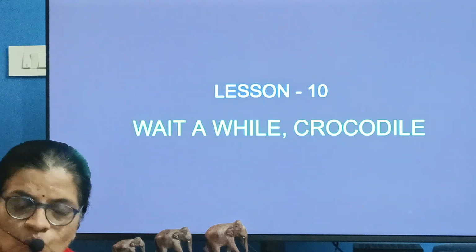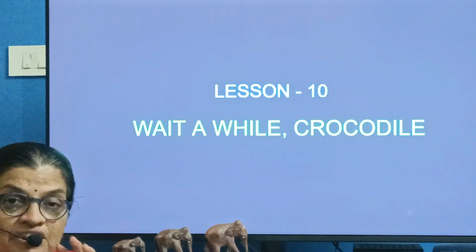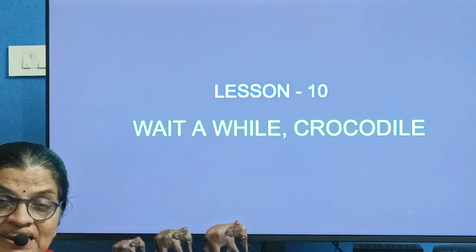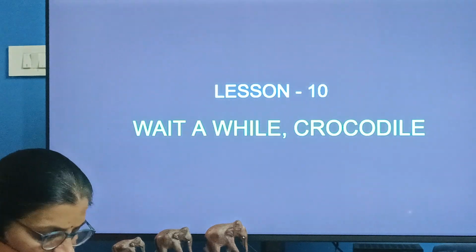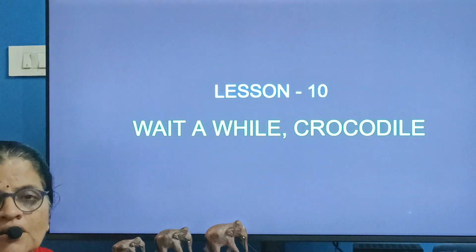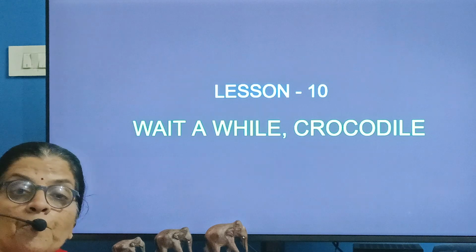Marsh means, you know, wet land. It is a wet land with mud. You can see marshy land. So this crocodile is mostly common. The marsh ones are known as mugger.